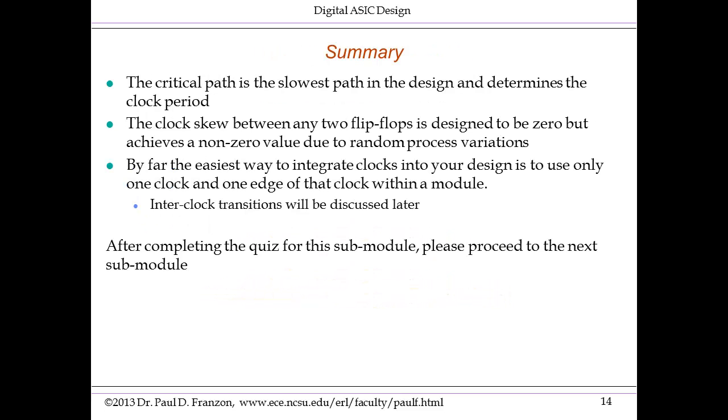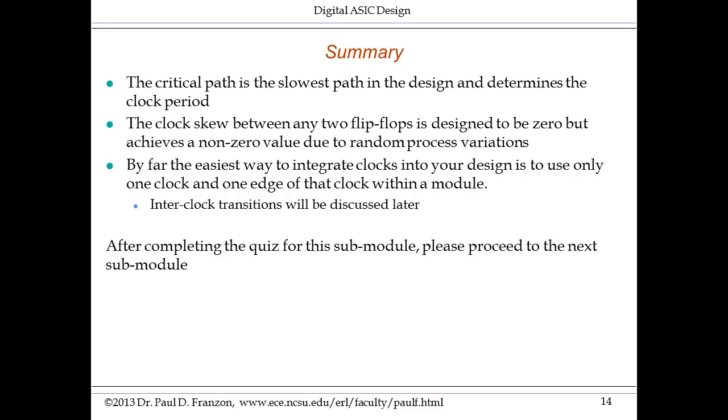So that brings us to the end of this first submodule. Again, I remind you of a few key points. The critical path is the slowest path in the design, the longest chain of logic gates between flip-flop output and flip-flop input. This path determines the clock period and is largely determined by the designer when he or she does the design.